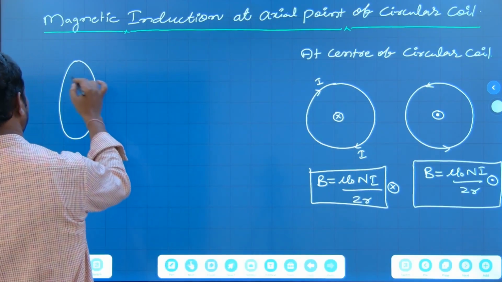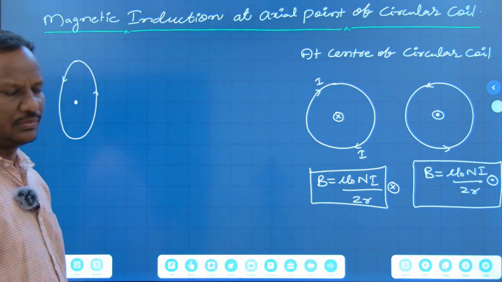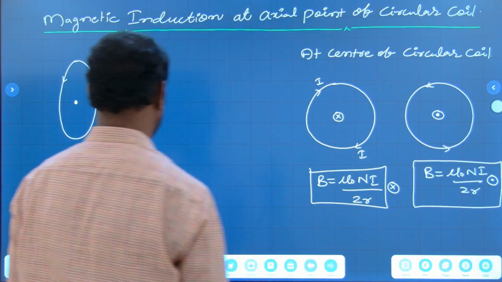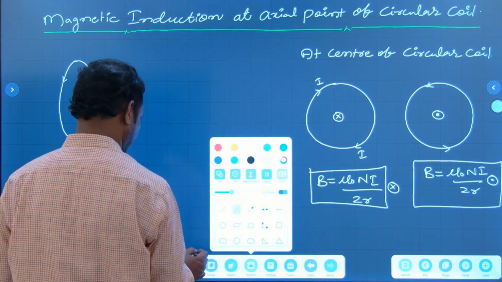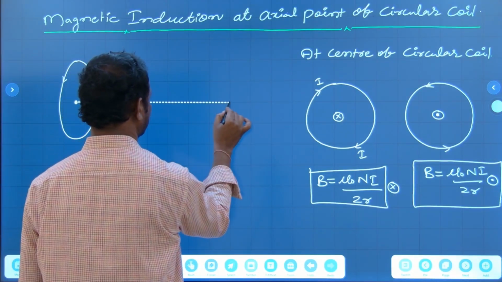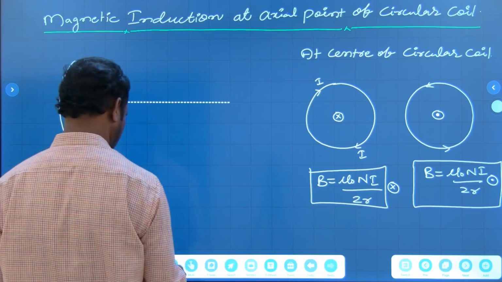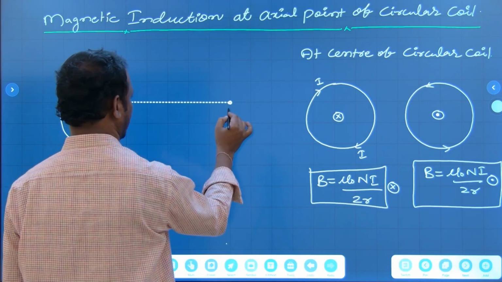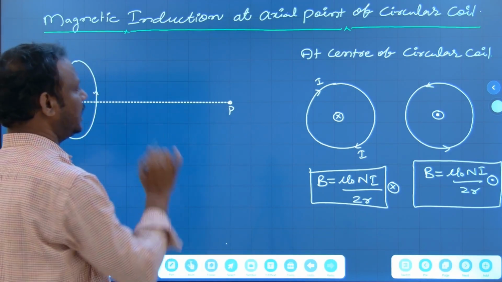Let the current pass in this way; the direction can be found from the direction of the magnetic field. I want to find the field at this position on the axis, the point P.